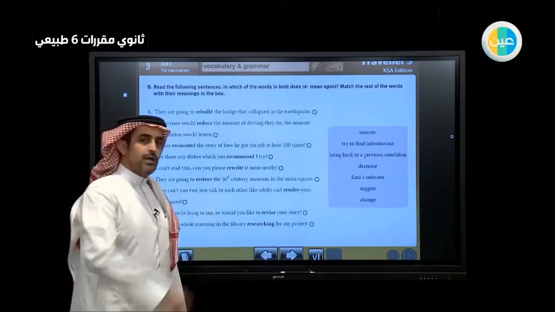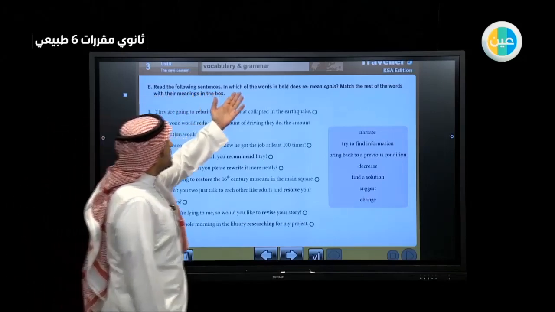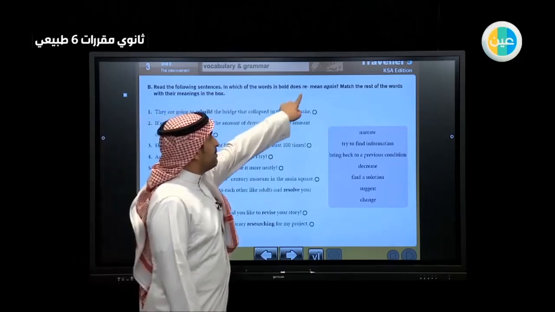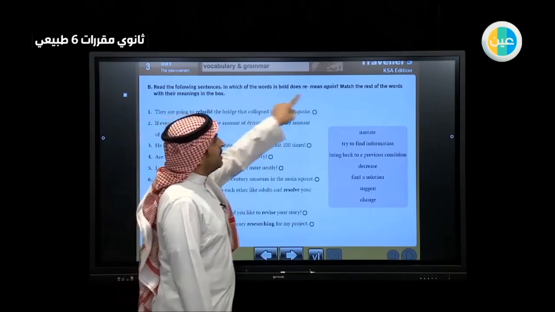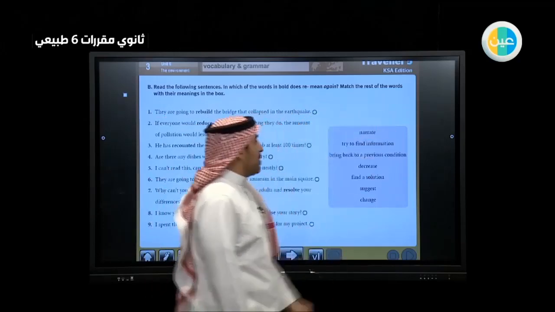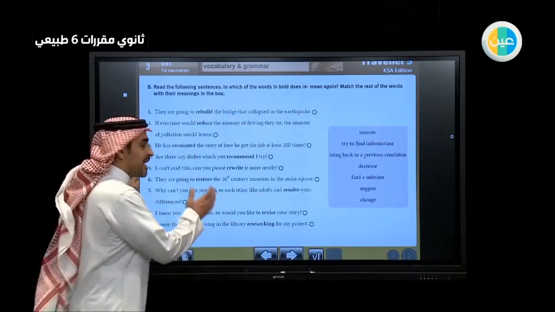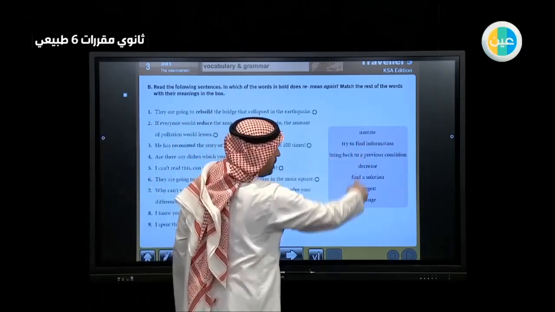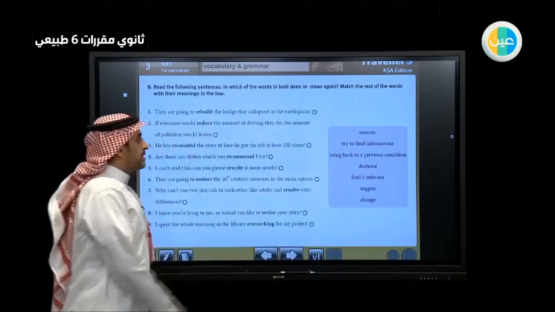Let's look at this exercise. Read the following sentences, in which of the words in bold does re mean again? Which of them means again? Match the rest of the words. Tell me if it means again; if it doesn't mean again, show the meaning of the words on the right.